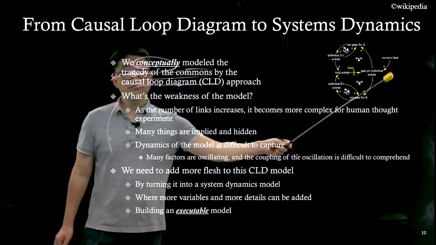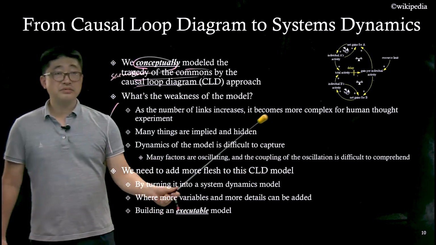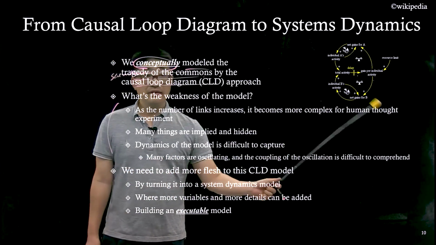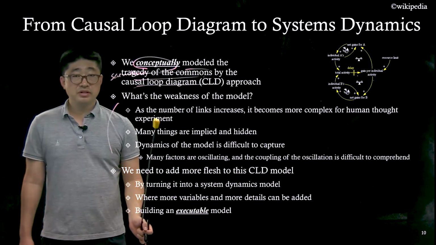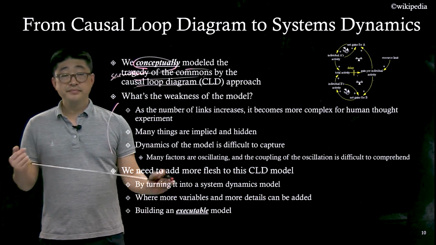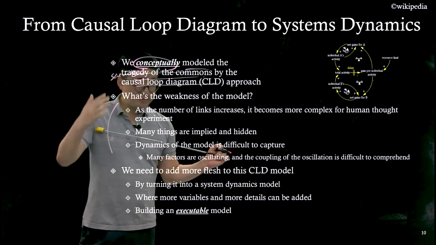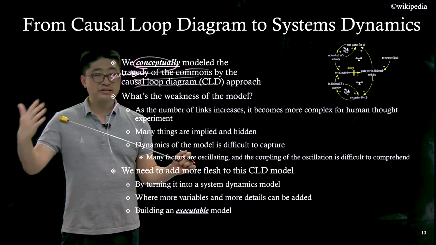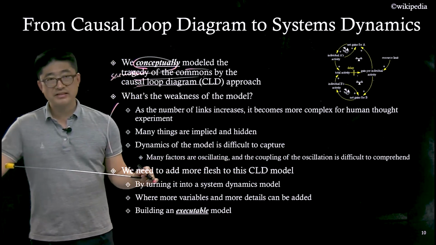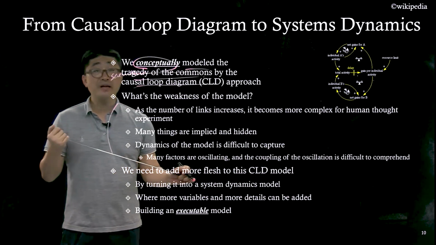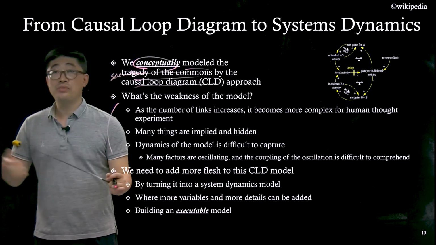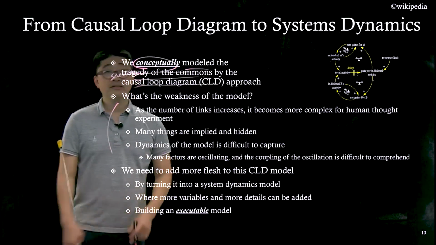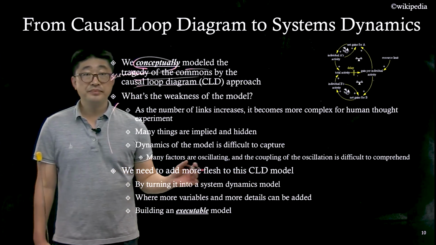As the number of links increases, it becomes more complex than human reasoning can handle. If we keep adding links and factors, more balancing and reinforcing loops, and we have to reason about them, it is beyond our hand reasoning level.